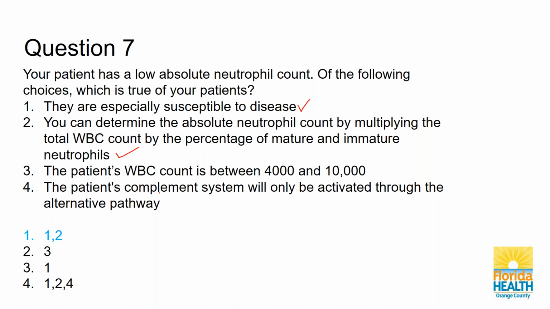The patient's white blood cell count is between 4,000 and 10,000. That does not seem like they would be. Does anyone know what a low neutrophil count would be if it falls below what? Do I have any nurses or physicians on the line who are looking at labs all day, every day?